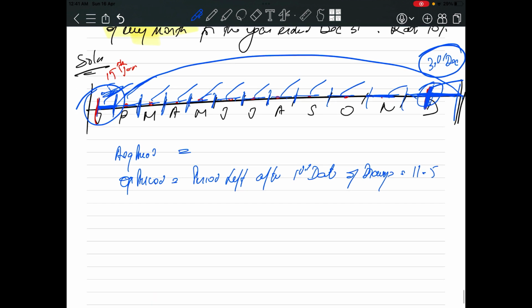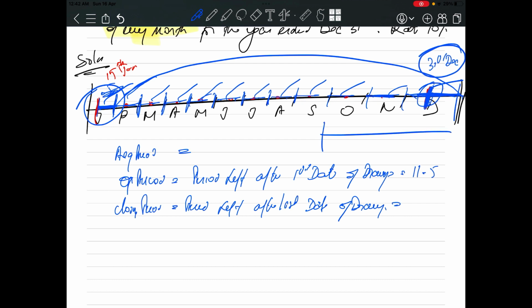Now if I say closing period, what is the closing period? Period left after the last date of drawings. What is the period left after the last date of drawings? See, the last date of drawings is, let me write it again, this November and December.